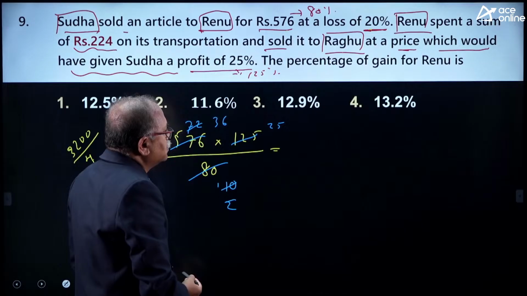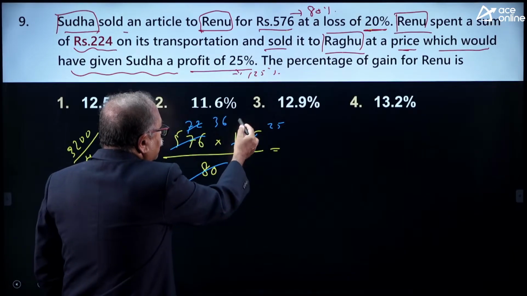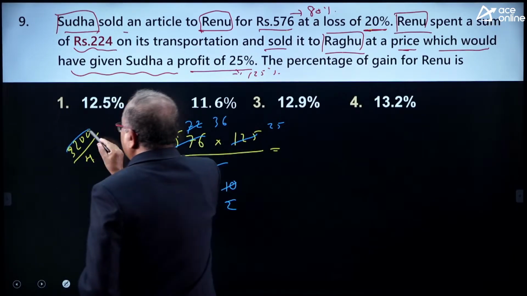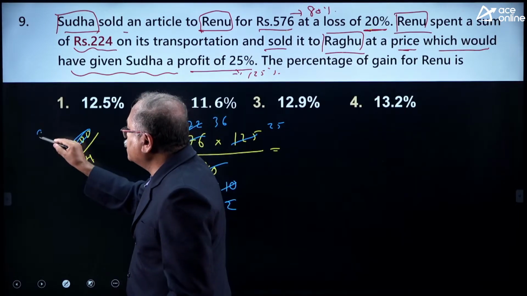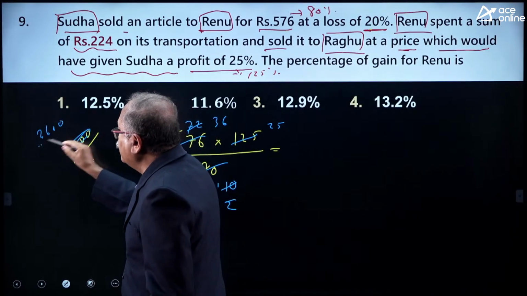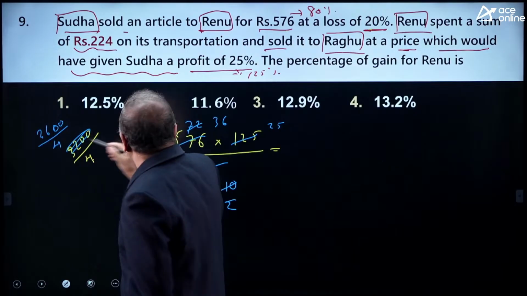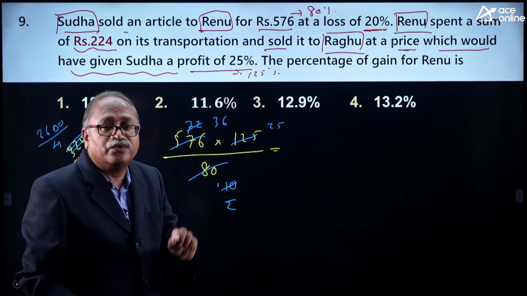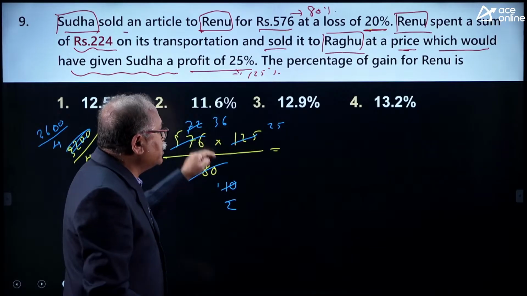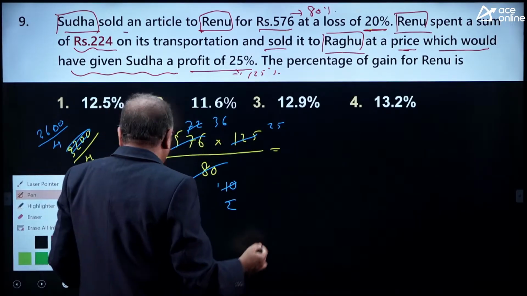Again we are getting the same thing. When I divide, I made a mistake here. I wrote 32, but it is 36. So, 36 divided by 4, because multiplying any number by 25 is placing the 2 0 and dividing by 4. So, I place the 2 0, divide by 4, and that comes 900.